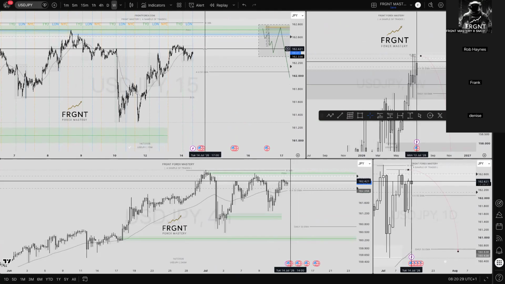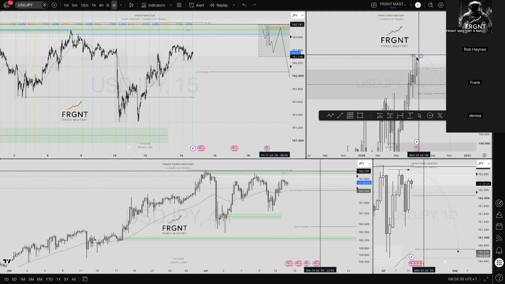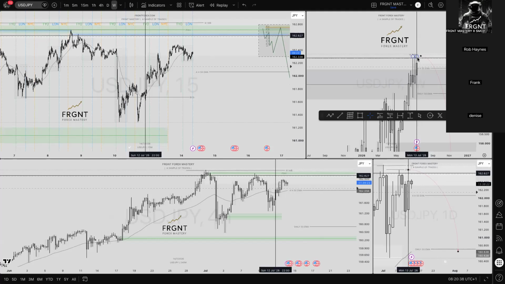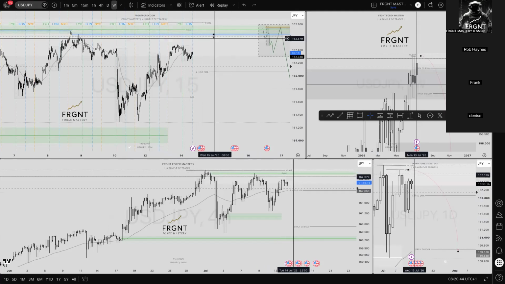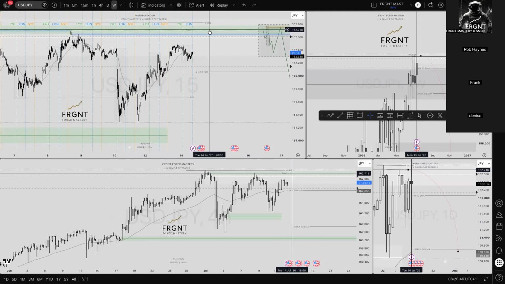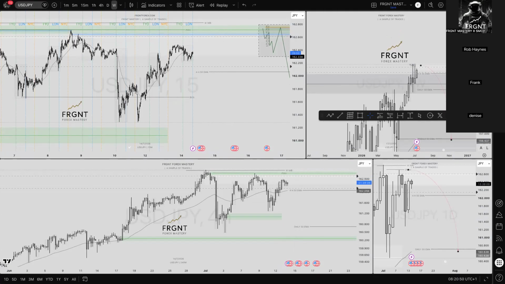I expect price to return to those wick imbalances. I want to see the liquidity in the area by way of order blocks. I then hope that where I'm putting these areas by way of wick imbalance, there is something there on the lower time frames. You can already see where I've put those wick imbalances that it's supported by 4 hour order blocks and 15-minute order blocks. That's great. So weekly time frame, that's all we're going to talk about. Weekly order block, we expect price to move out of it.